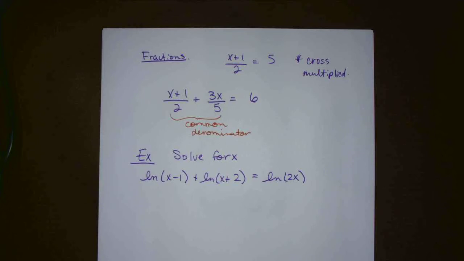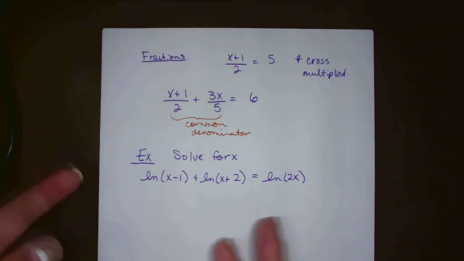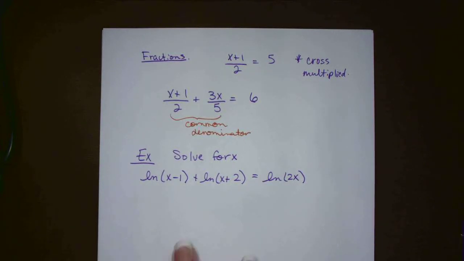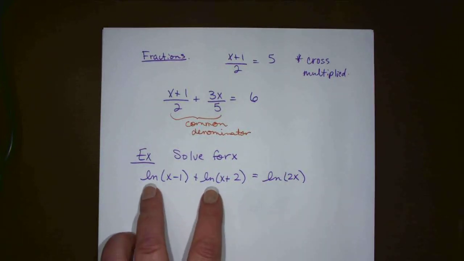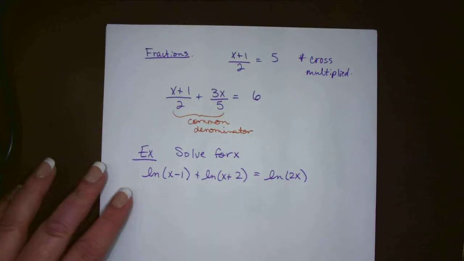How many terms are here? 1, 2, 3. You can't have 3 when you're going to solve. You need to put 2 of them together. It doesn't matter which 2. You could rearrange it if you wanted to. But here are 2 logs, and they've got a plus sign in between them. So how can we rewrite it?